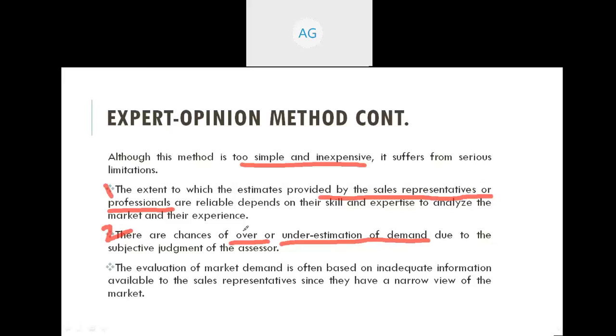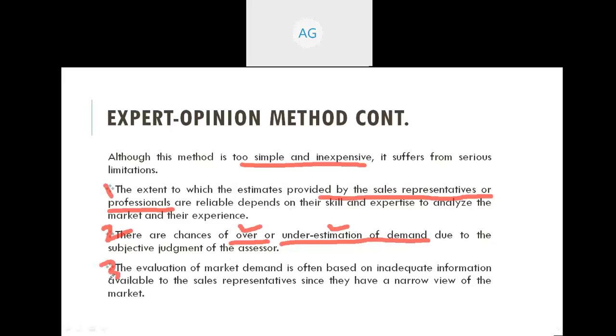So if that is the case, then chances of overestimation or underestimation of demand are much more likely. So this is the limitation of expert opinion method.